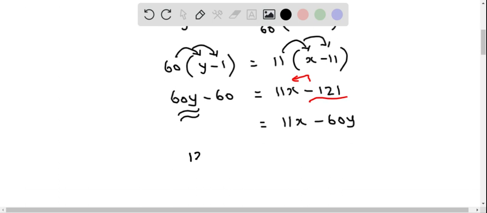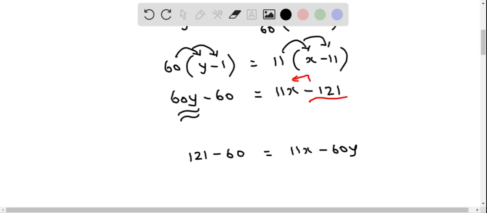So we will have 121 minus 60, and this equals 11x minus 60y. So 121 minus 60 gives 61, and this equals 11x minus 60y.